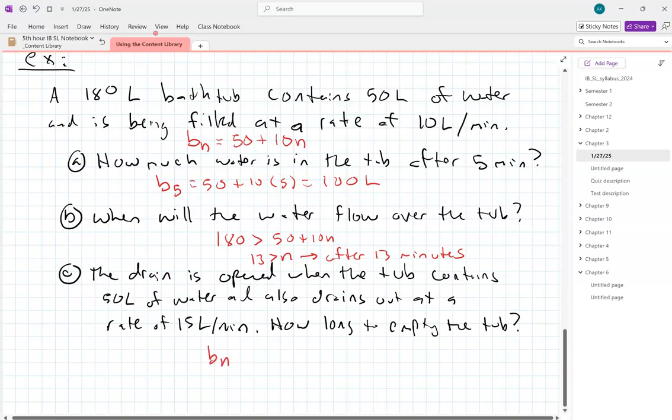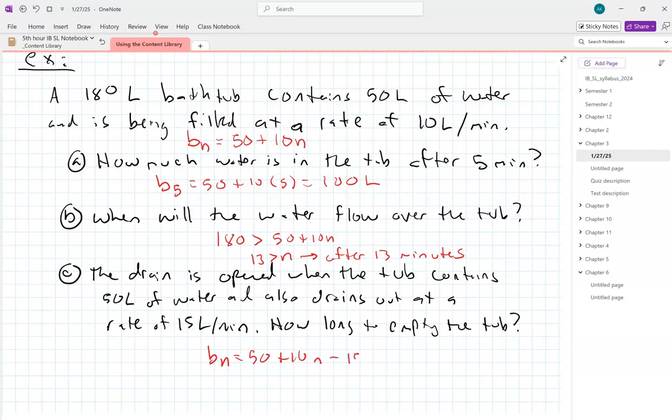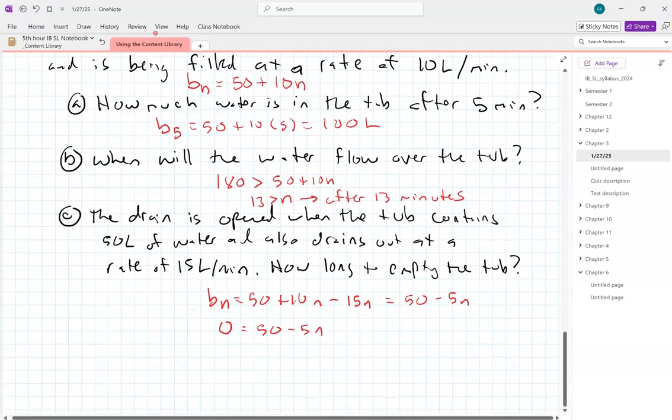Here, now we have the water coming in. We also have the water going out. So if I look at that net, it's like minus 5n. And for an empty bathtub, that's going to be 0 liters in there.